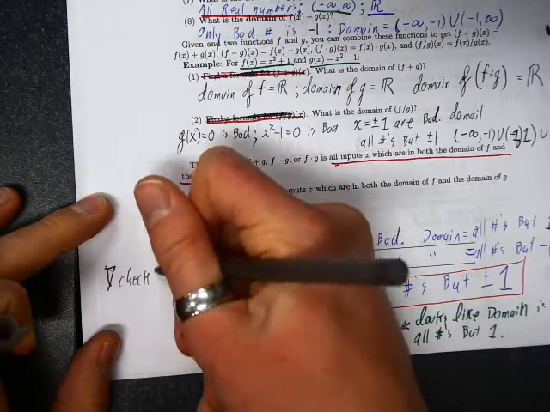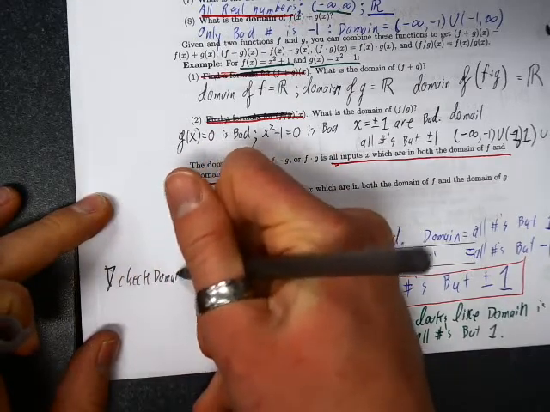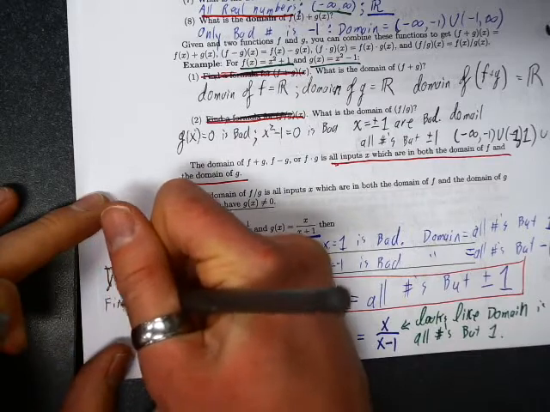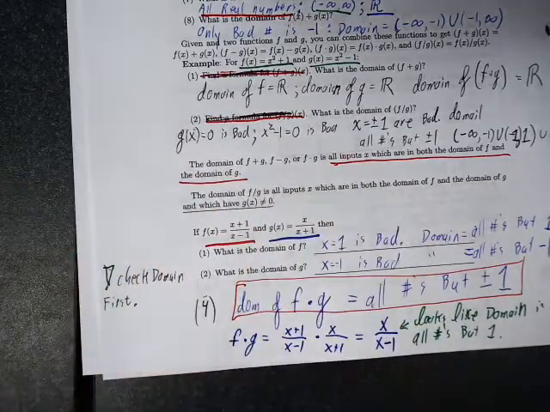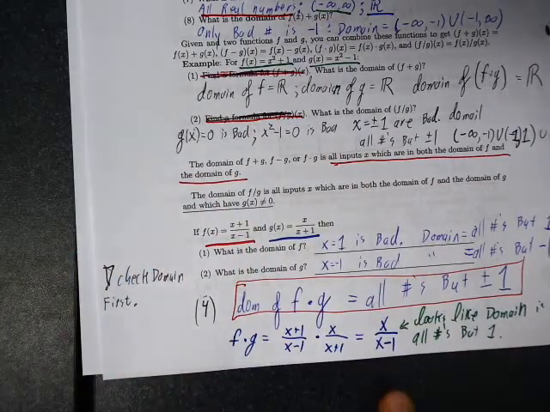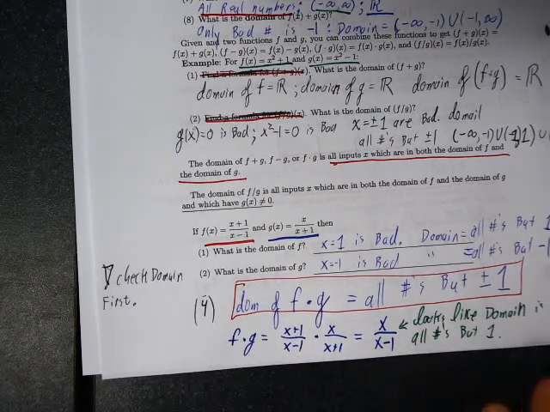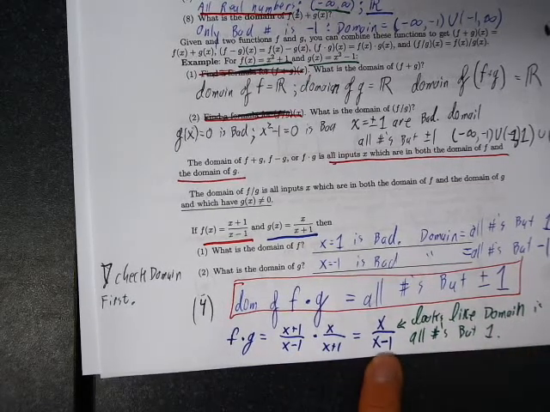Check domain first before doing any algebra. What this means is x equals negative 1 isn't in the domain of the original function. But we could find a function that's basically the same that has a bigger domain.